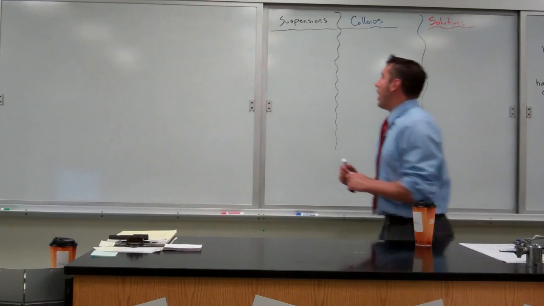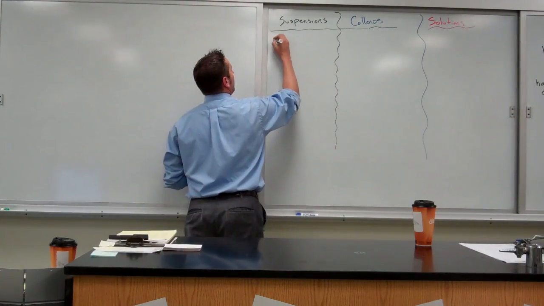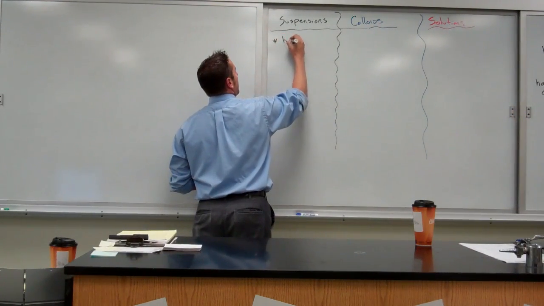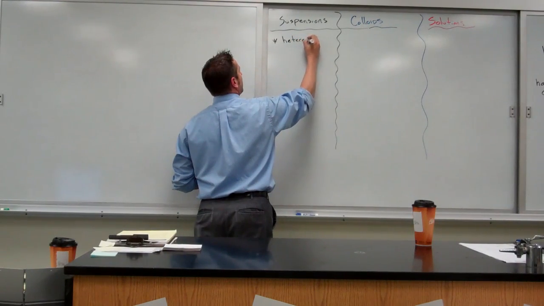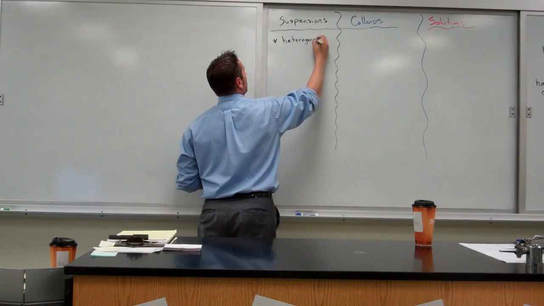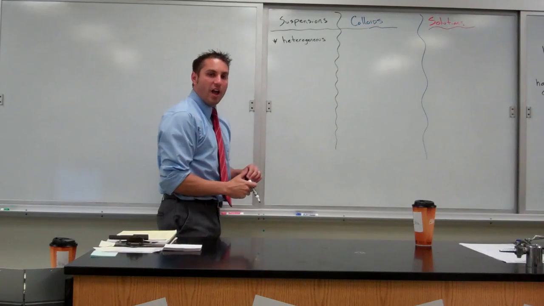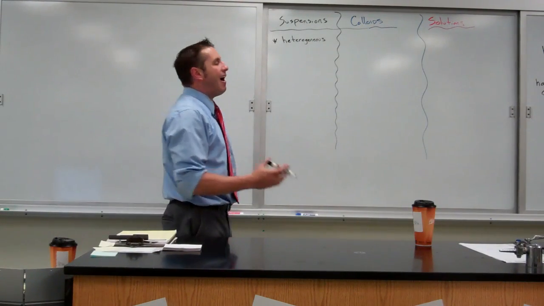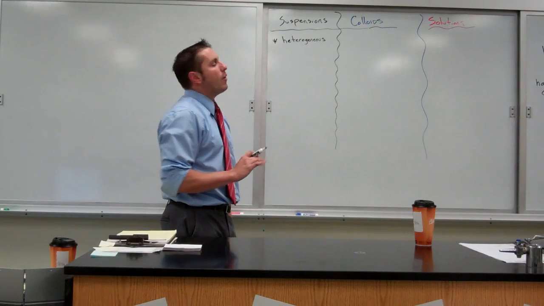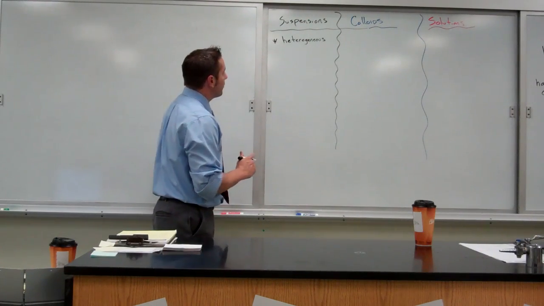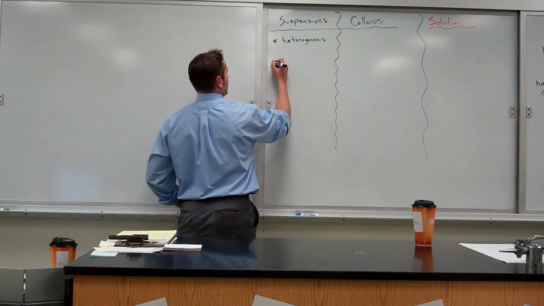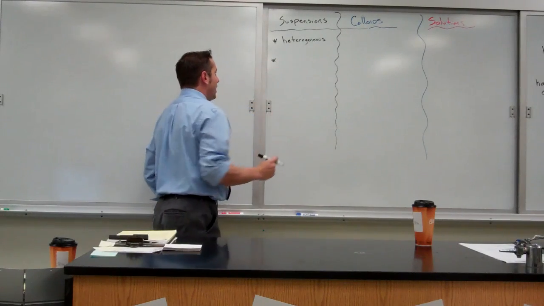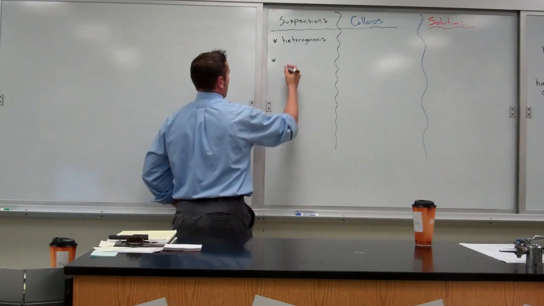There's a few reasons why. First characteristic of a suspension is that they are heterogeneous. You are able to see the pieces of the mixture, right, when you are mixing them up. Second characteristic of a suspension is that it has the largest particle size.